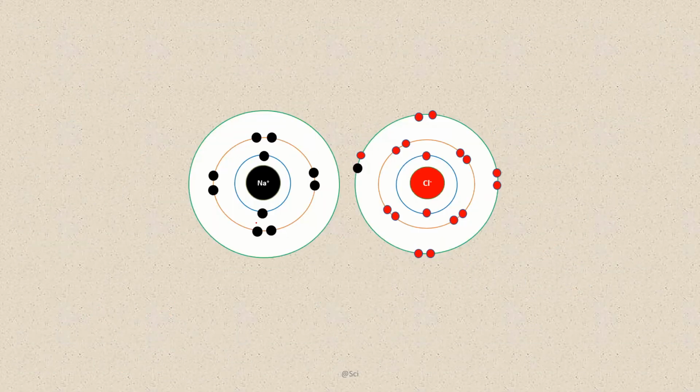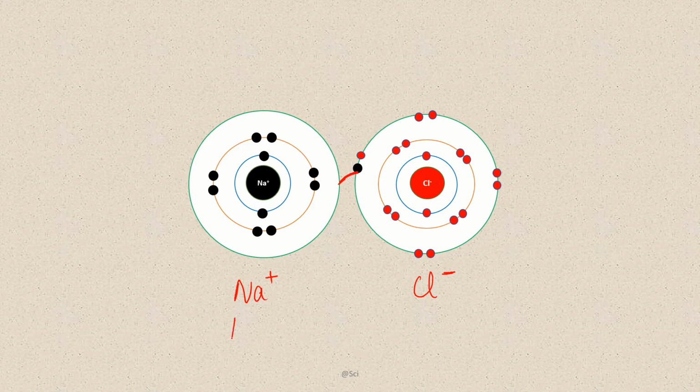Here I'm trying to show sodium and chlorine. You see that this one electron jumped from the sodium's last orbit to the chlorine's last orbit, and now chlorine's octet is completed. So chlorine becomes minus, sodium becomes plus. Why?